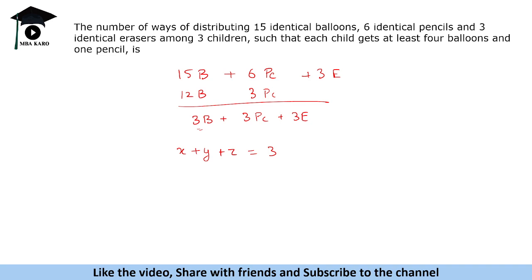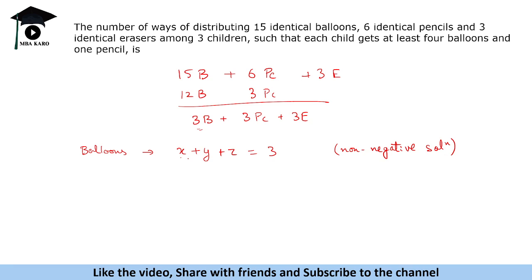If we are distributing balloons, let us say we distribute x balloons to the first child, y to the second, z to the third, and we can give 0 also. So basically we need to find the non-negative solutions of this equation.